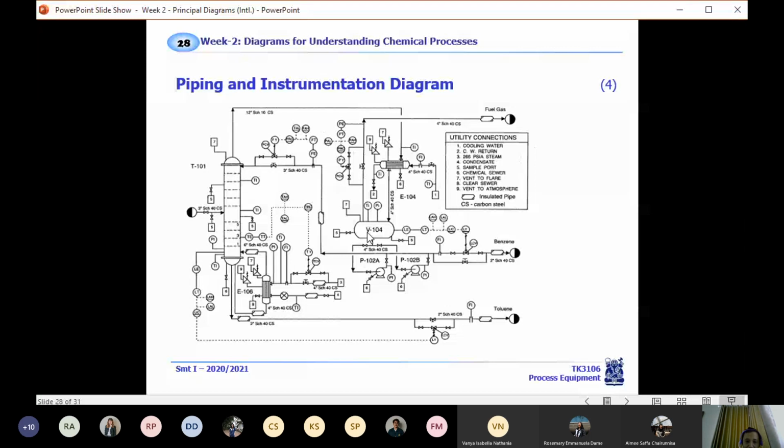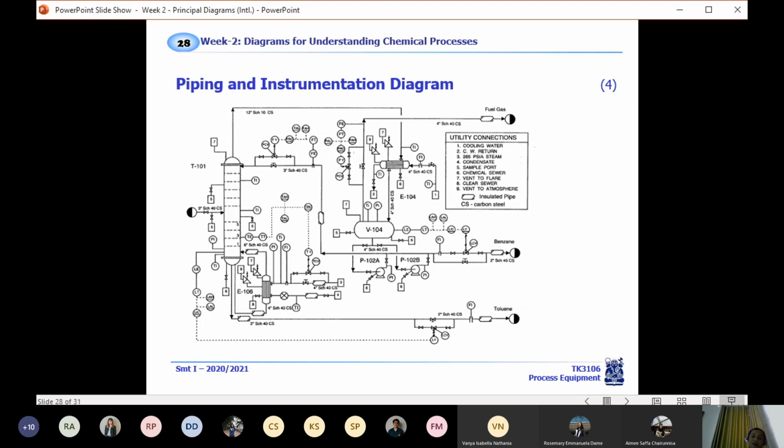And also for the V104 vessel, there will also be number 7 in here. Also for this one, the relief valve, number 7. This is for the safety system, whether it will go to the flare or whether it will go to the atmosphere. So we know information related with the safety system in here.